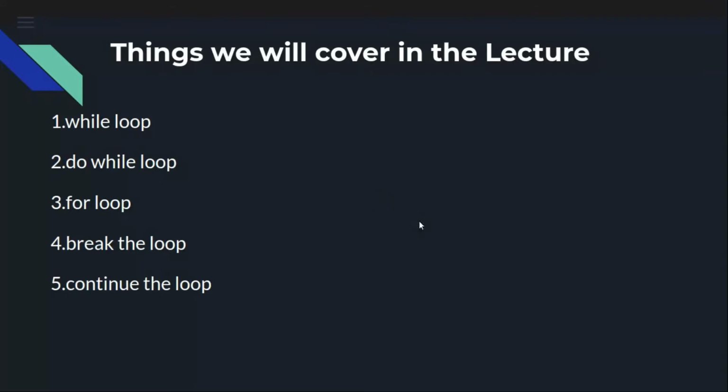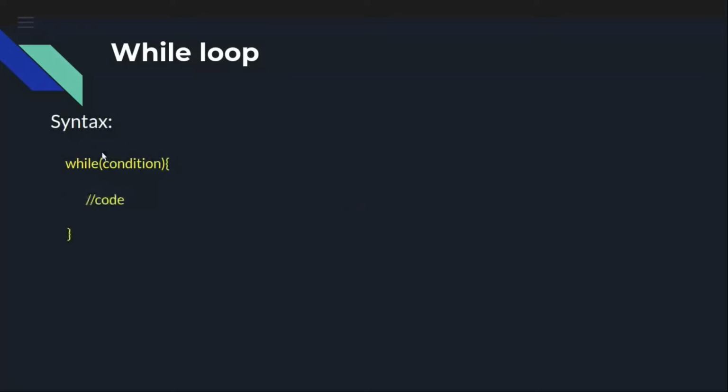Okay, so let's go and see the syntax of the while loop. The while loop has the following syntax. We see the while keyword, which says that it is a while loop. The starting of the while loop is from here. Then inside the parentheses we have the condition.